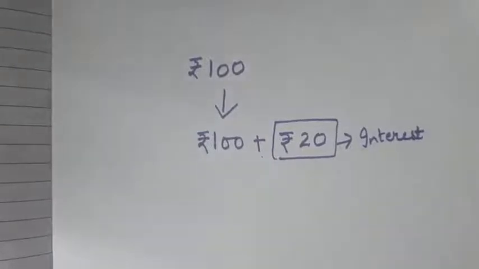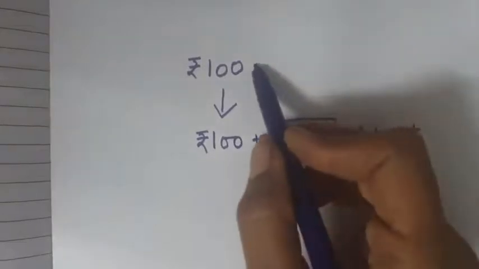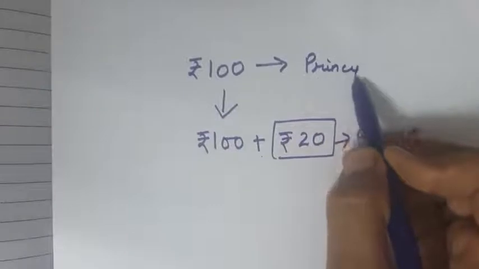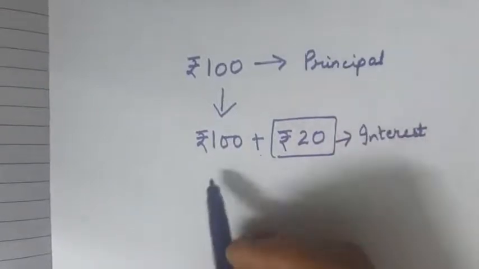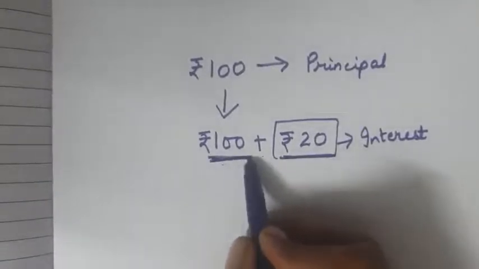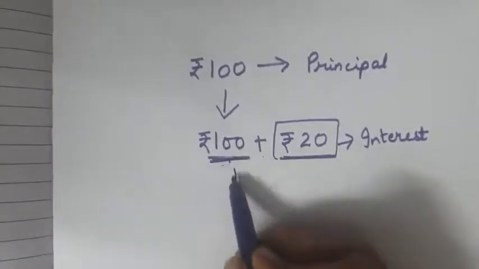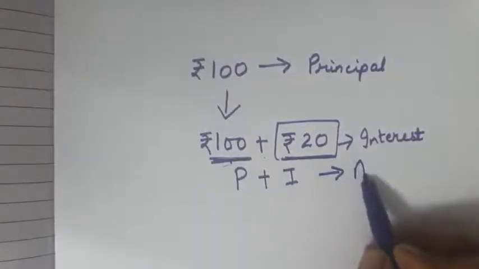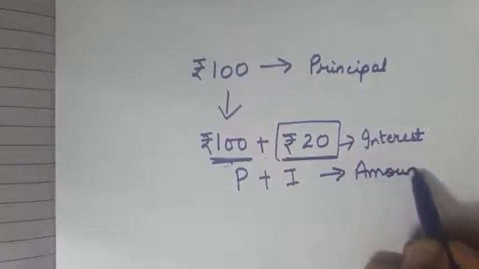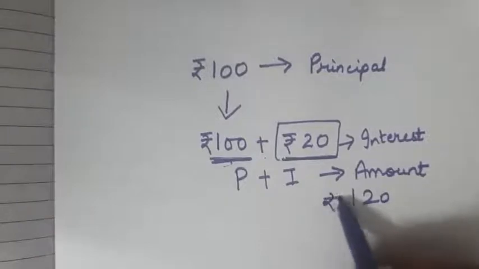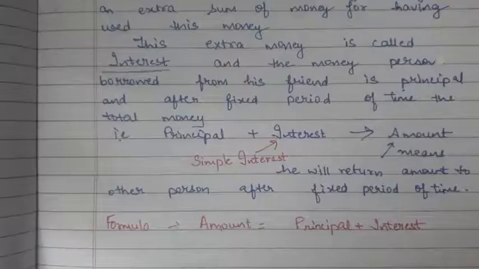This is just a simple example I am taking. So now this will be the principal, the money you borrowed. Now this is the interest, this is the principal, and principal plus interest gives you amount. So what will be the amount here? Yes, it will be rupees 120.